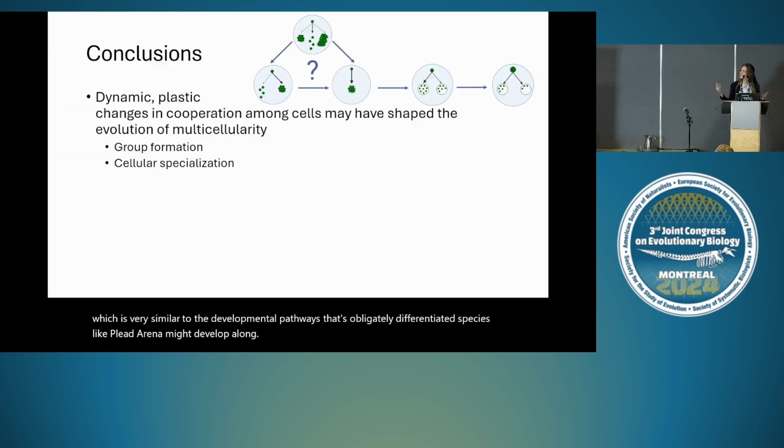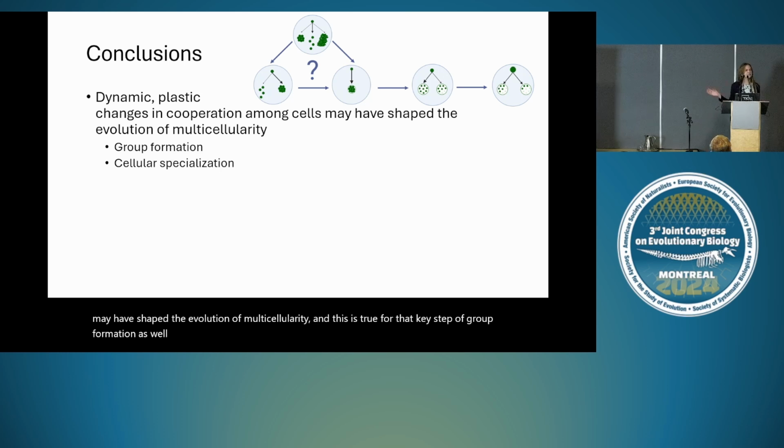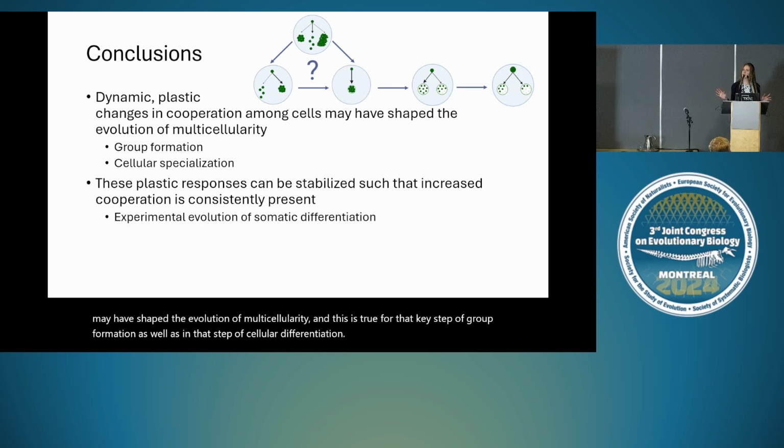So what I've showed you today is that dynamic plastic changes in cooperation among cells may have shaped the evolution of multicellularity. And this is true for that key step of group formation as well as in that step of cellular differentiation. And I also showed you that these plastic responses can be stabilized such that increased cooperation is consistently present.